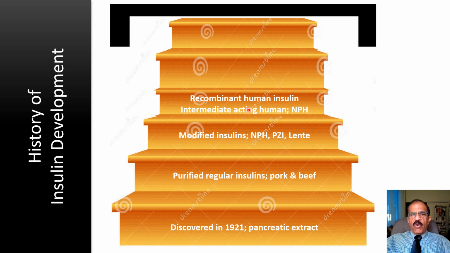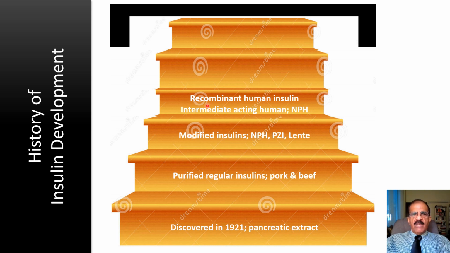The gene for insulin is taken from humans and inserted into E. coli, and then E. coli start producing insulin. Since E. coli don't need insulin, we extract it and then purify it. That is dispensed in the form of regular insulin, and that can also be modified to NPH. So these are recombinant human insulins.